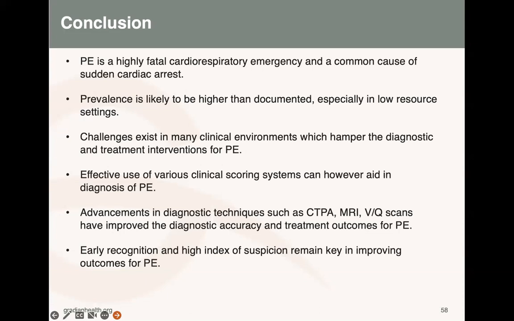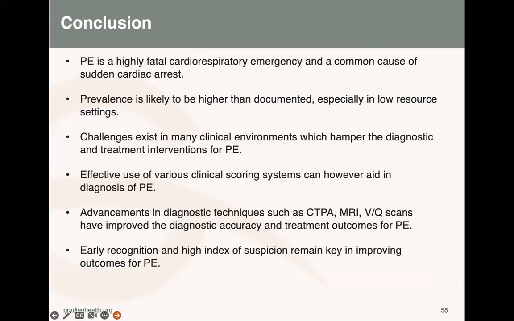So whenever you're thinking of PE, it's important to use the scoring system, because it might help us get the diagnosis of PE fast, and sometimes help us to not do unnecessary imaging on the patient.